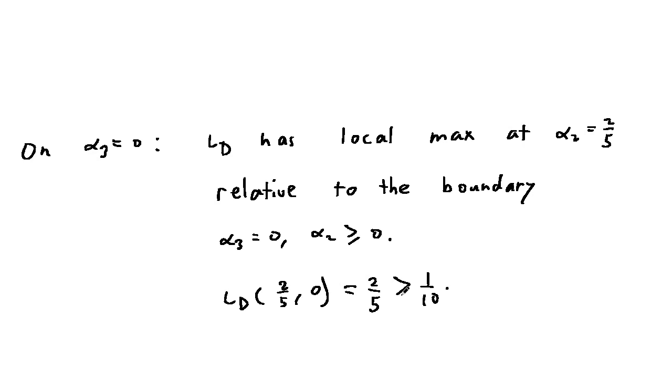Since every global max is a local max, the global max has to occur at a critical point relative to a portion of the boundary. Since the local max at (2/5, 0) is greater than the local max at (0, 1/10), the candidate for the global max is (2/5, 0).